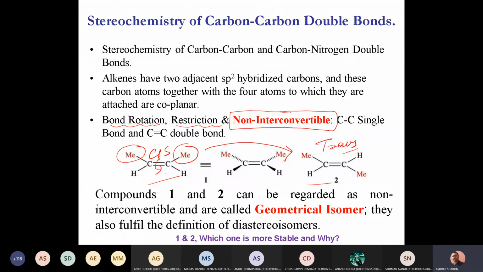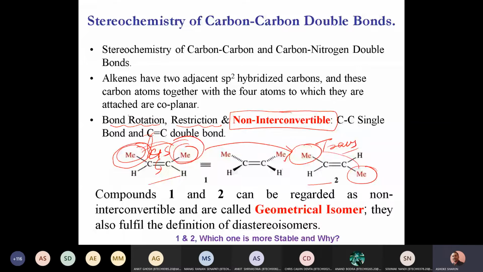Just very simple. These two methyl groups are so close, and that is the reason maybe we have bad contacts, and in the other these two methyl are far apart. So these two don't have the bad contacts, or I can say steric problem is not there, or in your words, steric hindrance is very, very less in case of 2.